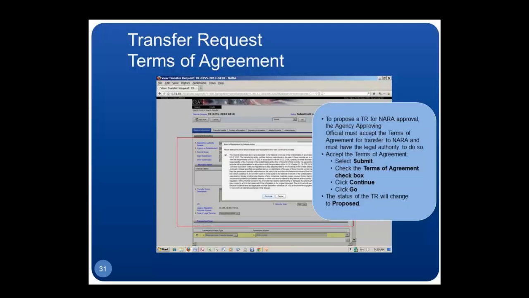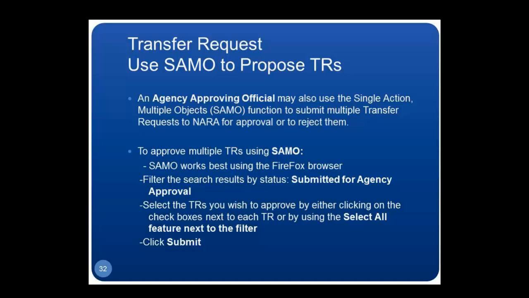Another option the agency approving official may utilize is what we refer to as the single action multiple object function, SAMO function. So basically what that means is that the agency approving official may elect to submit to NARA multiple transfer forms through an expedited process.